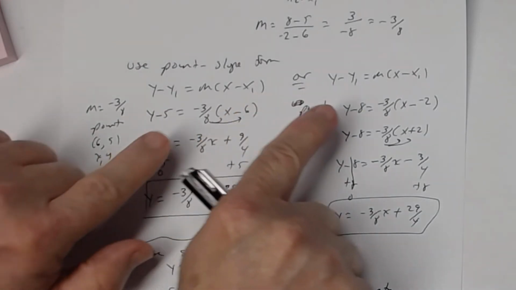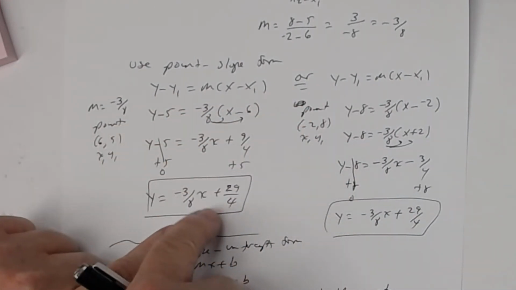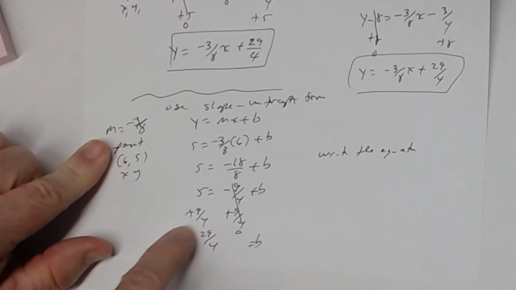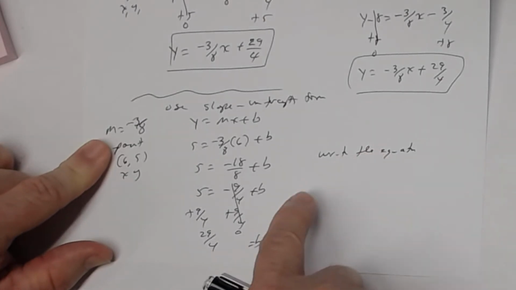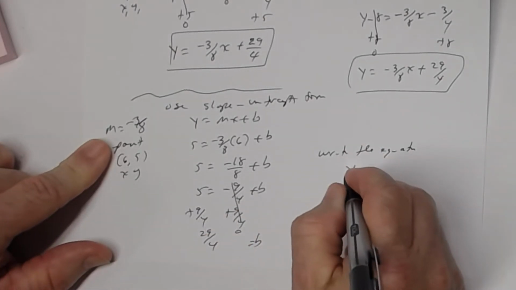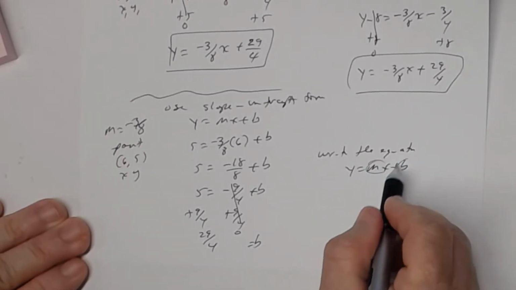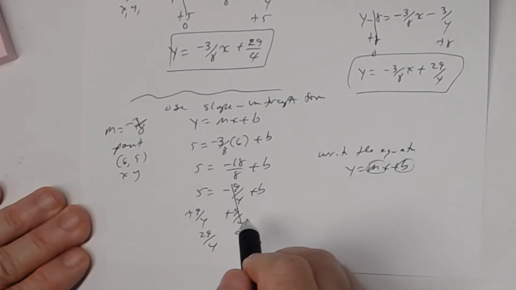Here, if you use point slope, you end up with the equation in the end. When you use slope intercept form, what you end up with is the y-intercept. You have to remember, hey, I've got to go back and write the equation. So remember, the equation is y equals mx plus b. You have to find the slope and the y-intercept to do that. The slope we knew, the y-intercept we just found.